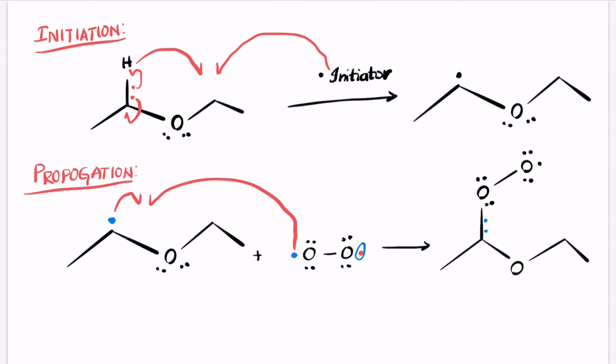So remember the initiator. This here is the initiator. Notice that this is the one that has one single electron left. So that one single electron will basically start the initiation process again. So let me write it again.